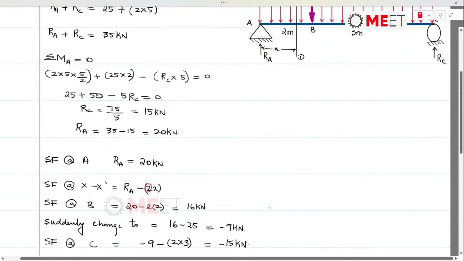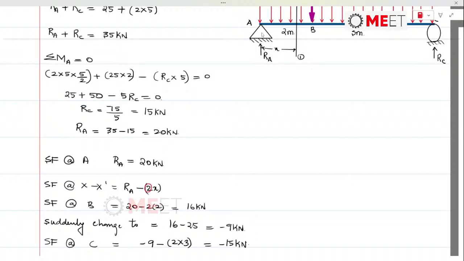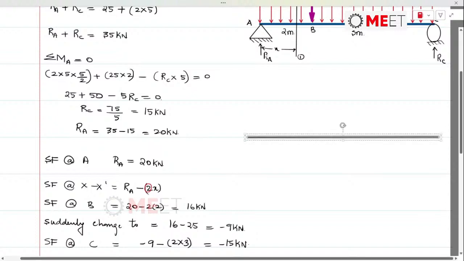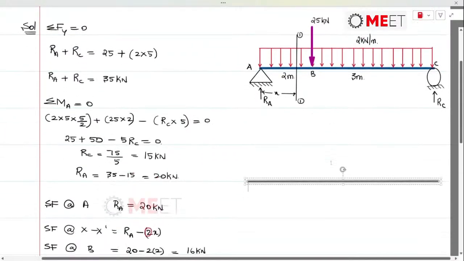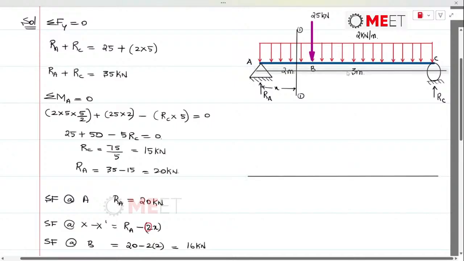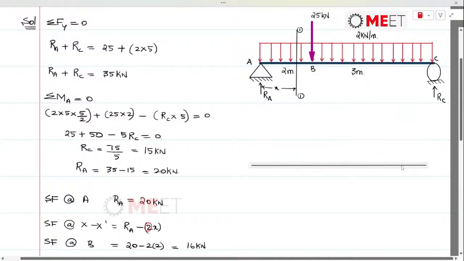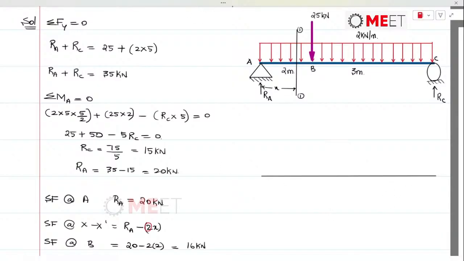So if we draw the shear force diagram for this situation, shear force at A will be 20 kilonewtons.